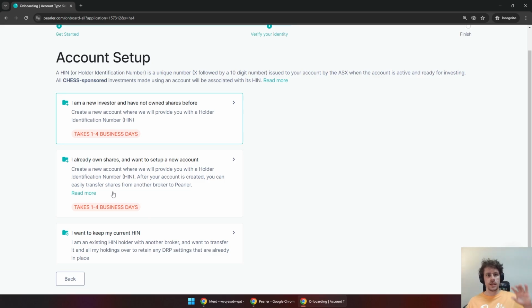So you can go have a HIN with Combank, you can go have a HIN with Perla, you can go have a HIN with Selfwealth, all these different platforms. There's no downside to that except that things are harder to consolidate. I gave that driver's license example, but a probably better example is a bank account. Are there times where having multiple bank accounts can be useful for people? Sure. Do a lot of people prefer to have all their savings or their transactions in one bank account? Yeah, because it's easier to track.